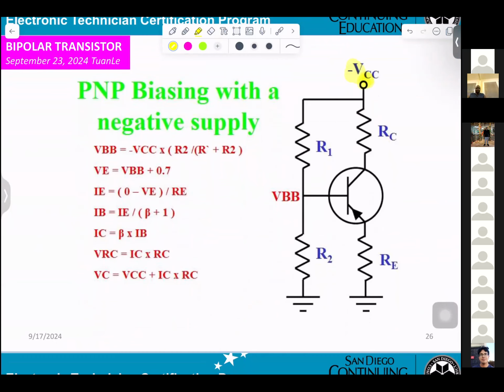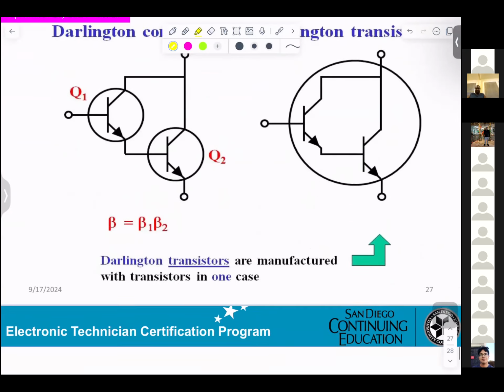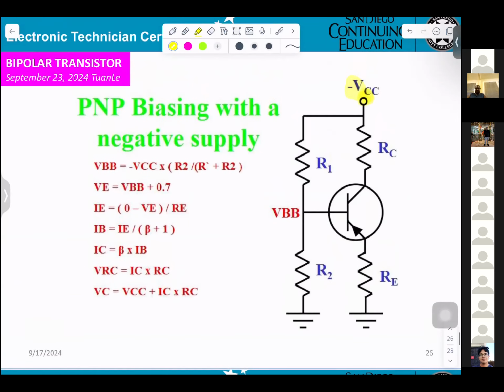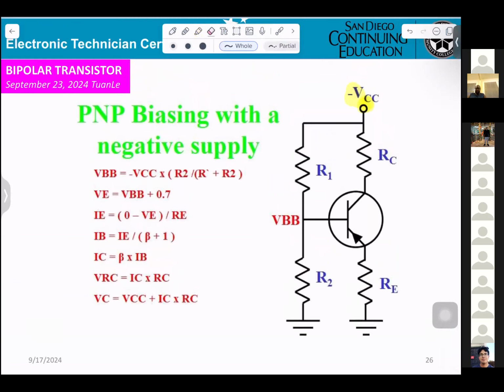This formula is already given to you here. If you want to calculate the VBB, VBB equals minus VCC times R2 divided by R1 plus R2. Voltage divider.